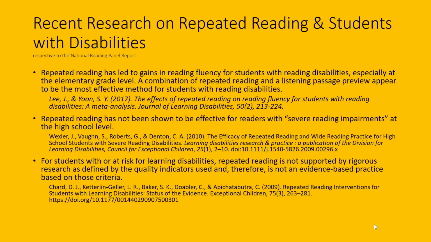Repeated reading has led to gains in reading fluency for students with reading disabilities, especially at the elementary grade level. A combination of repeated reading and a listening passage preview appears to be the most effective method for students with reading disabilities. This is Lee and Yoon 2017 in a meta-analysis published in the Journal of Learning Disabilities.